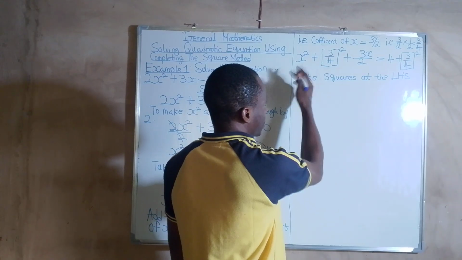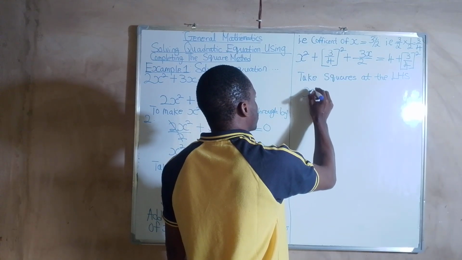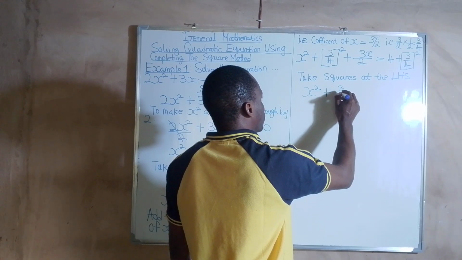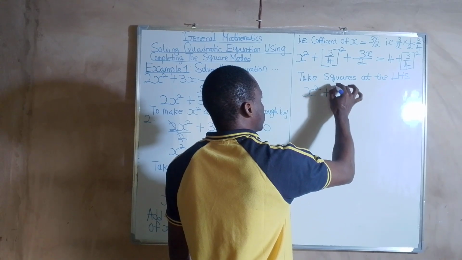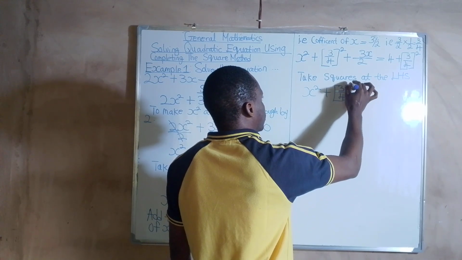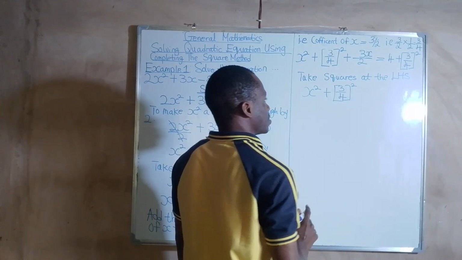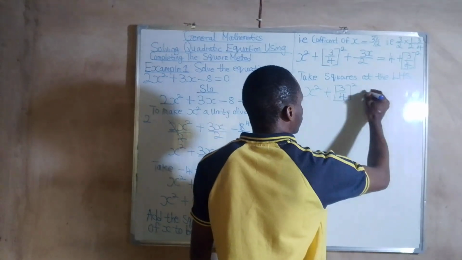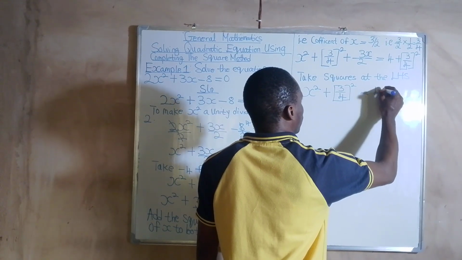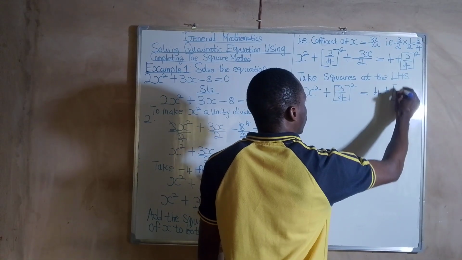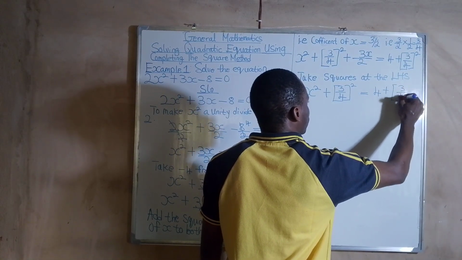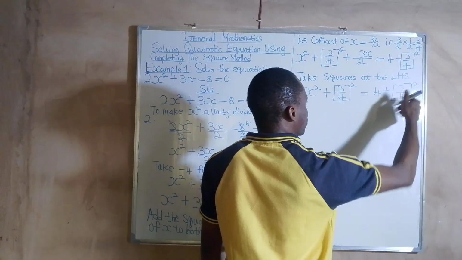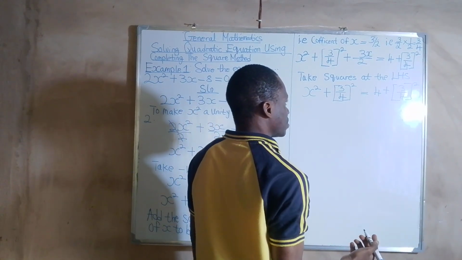So at the left hand side here, the squares are x power 2 plus 3 over 4 power 2. Are you getting it? Yeah. Now, you now equate it to 4 plus 3 over 4 squared. Or if you like, you can write this immediately. Are you getting that? Yeah.